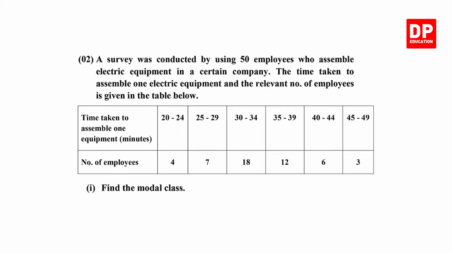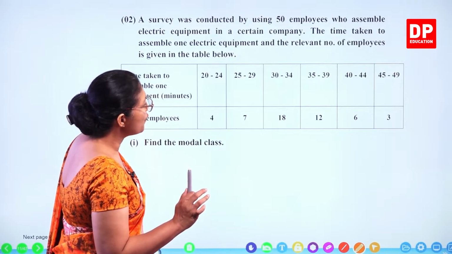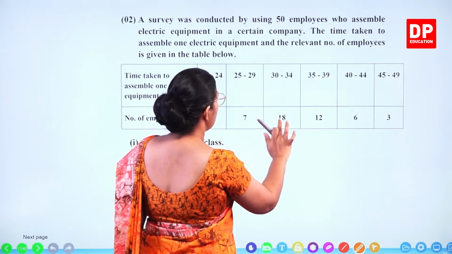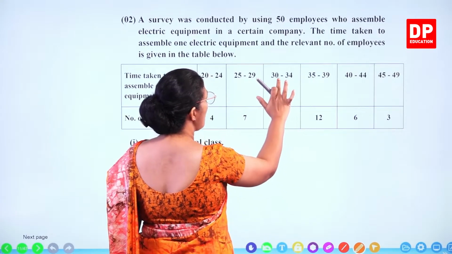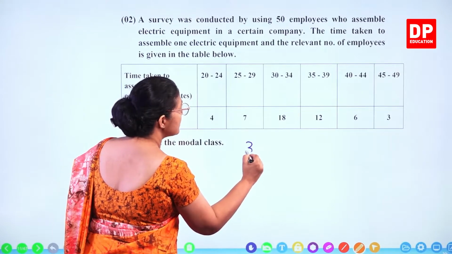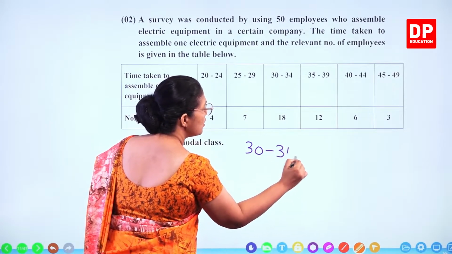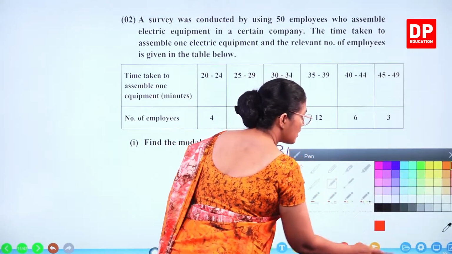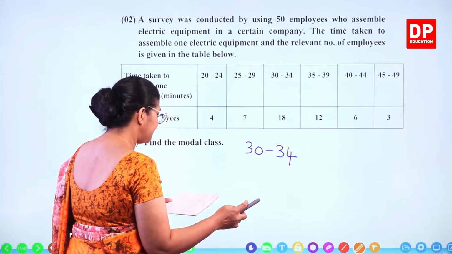Find the modal class, the one which has the highest frequency. Look at the frequency row. This one, 18, is the highest. So the modal class is 32 to 34. So you get 1 mark for that.